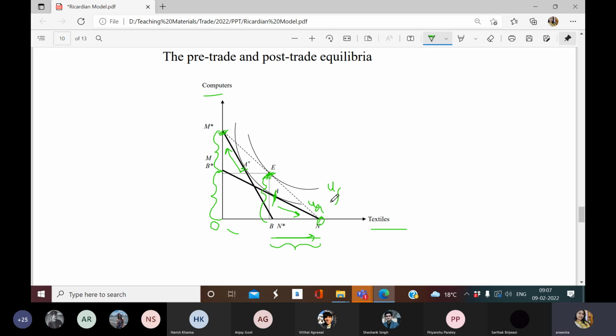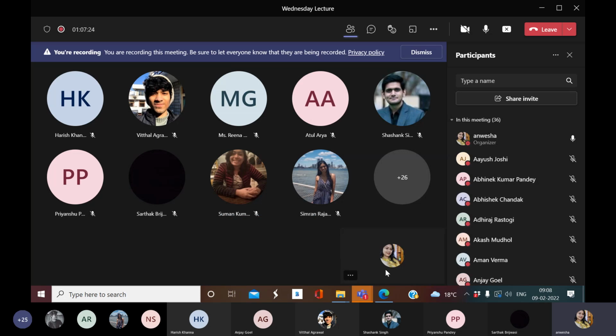UF is lying above UA for both the countries. So for both the countries, free trade is expanding the set of consumption because both the countries are producing according to their comparative advantage and they are completely specialized. They are only producing the good in which the country has relative strength, and by doing so, it can earn more and it can afford to buy the other good.